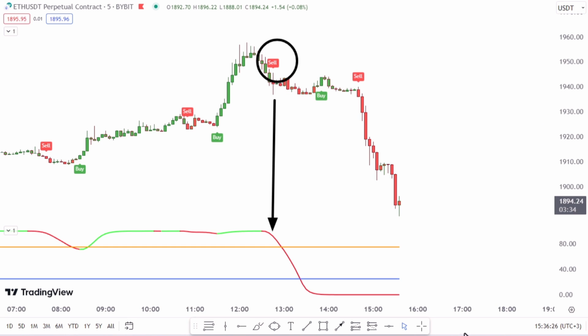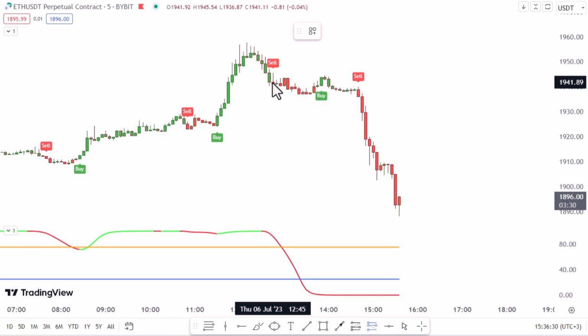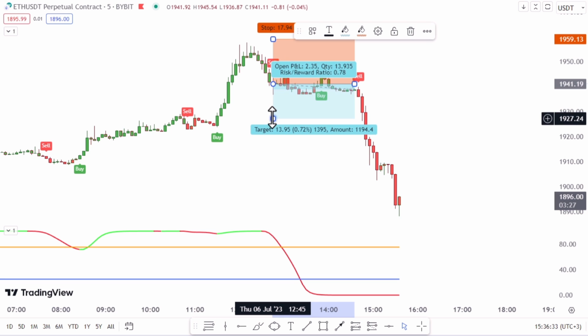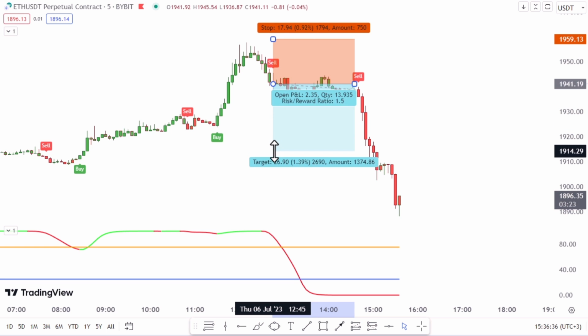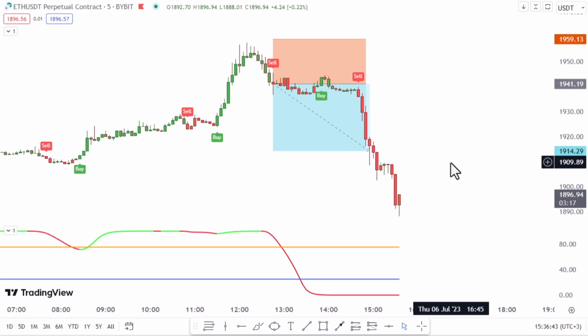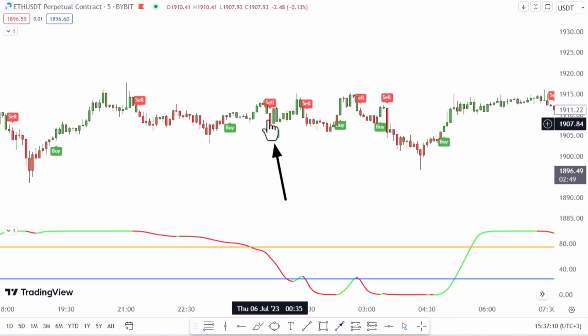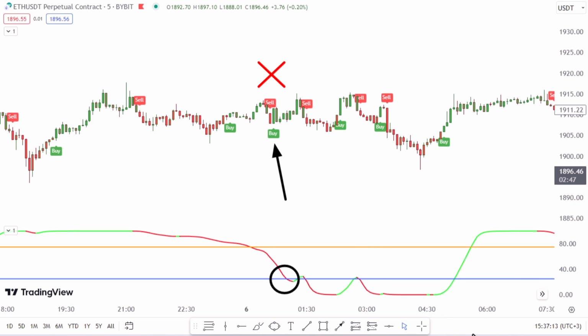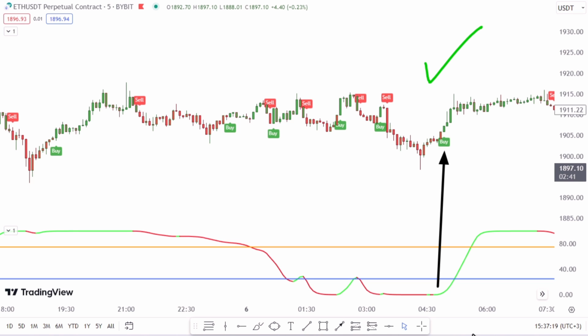This sell signal here is also valid, and again, we have another winning trade. Okay, so this buy signal is not valid because the STC line is not positioned below this blue plot. So we simply skip this signal. The next signal is confirmed.